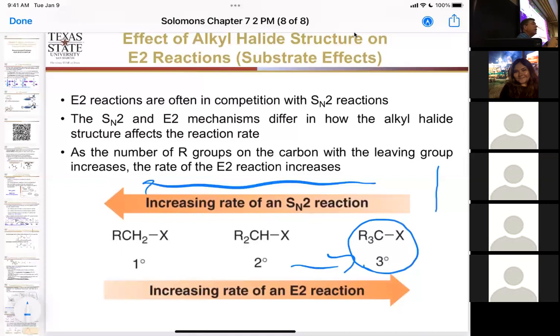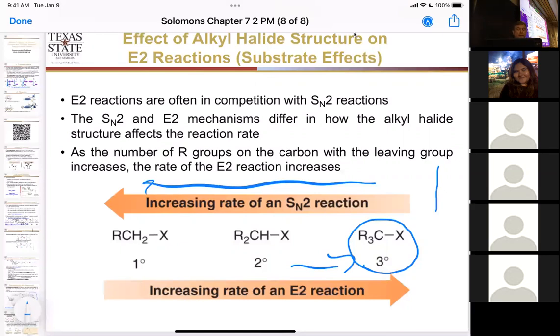Okay, well, in E2, we're not worried about that carbon. We're on the beta carbon. We're on a hydrogen on the beta carbon. We're one carbon over. So the idea that we can actually use a bimolecular reaction and start pulling that proton off one carbon over makes a lot of sense. And so we can see it maybe easily removing the hydrogen and the leaving group at the same time.